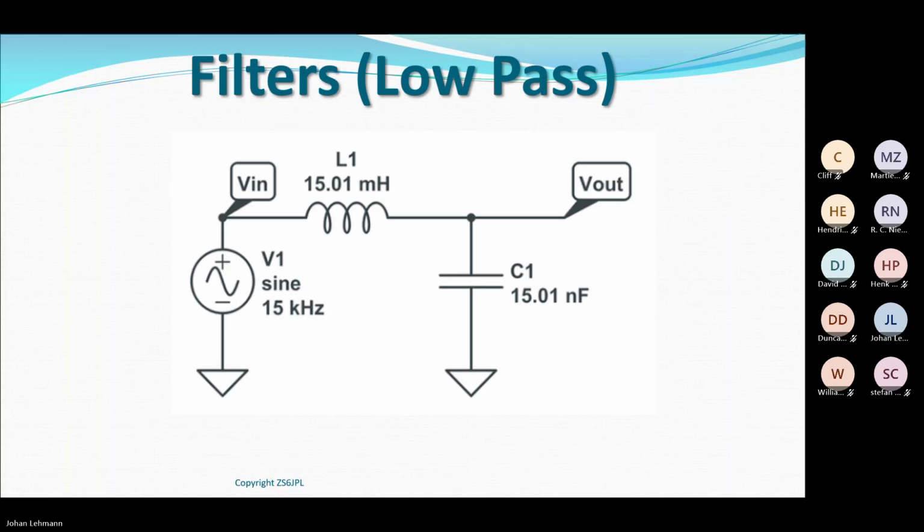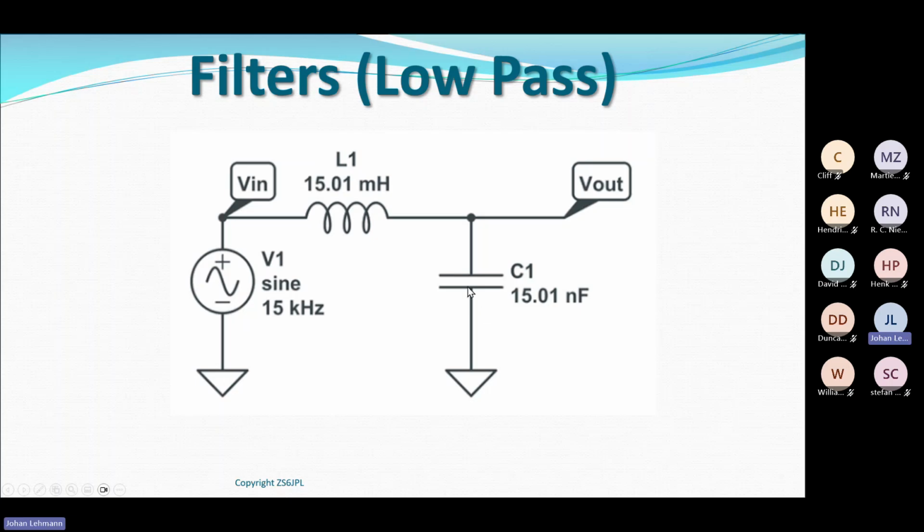And if you remember the lecture, we said the lower the frequency, the lower the reactance or the impedance of the inductor is, and the higher the frequency goes, the higher the inductance, the higher the reactance or the impedance of the inductor goes. So you can already see at low frequencies, they will fly through the inductor. And at high frequencies, the inductor is going to say, hey, stop, you're not coming past me.